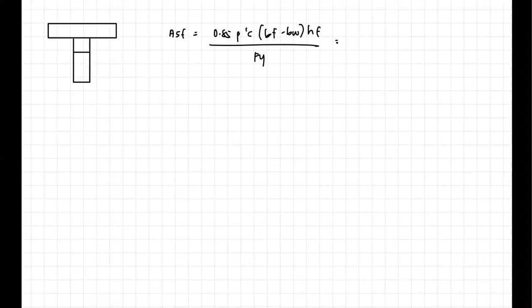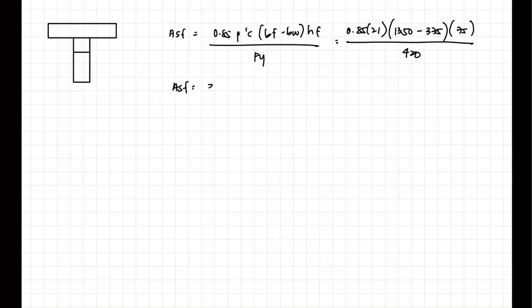Substitute: 0.85 times 21 times 1,350 minus 375 times 75 all over 420. So ASF is 3107.8125 mm squared.